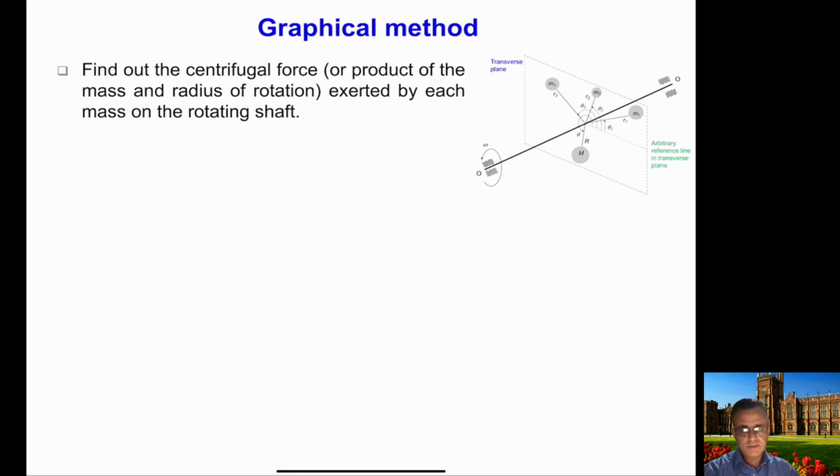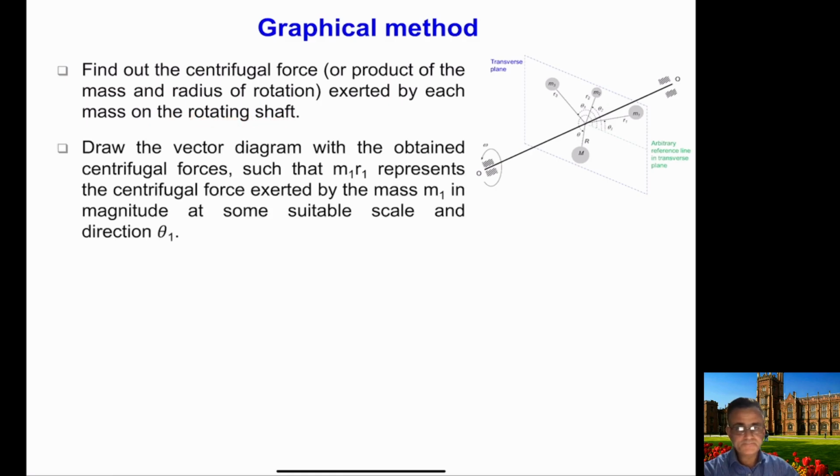The graphical procedure is that you will find the centrifugal forces, or the product of the mass and radius of rotation, exerted by each mass on the rotating shaft. Then you draw the vector diagram with the obtained centrifugal forces, such that M1 R1 represents the centrifugal force exerted by the mass M1 in magnitude at some suitable scale and direction theta 1.